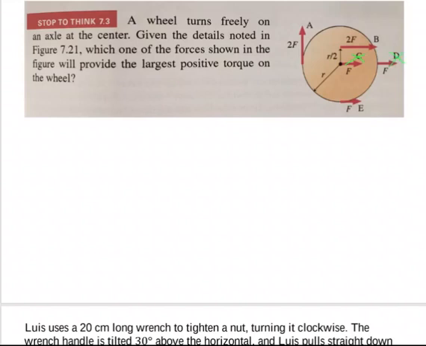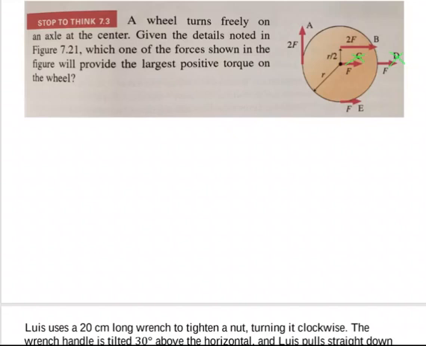It cannot be D. What about B? You have a radius, but you could go definitely a lot farther. Your radius is half. So what about A? Well, perpendicular, 2F times R, so that's 2FR times sine 90 degrees.